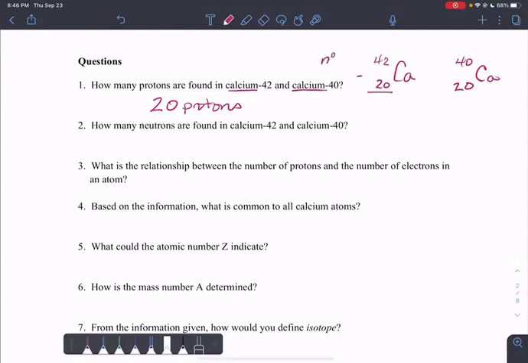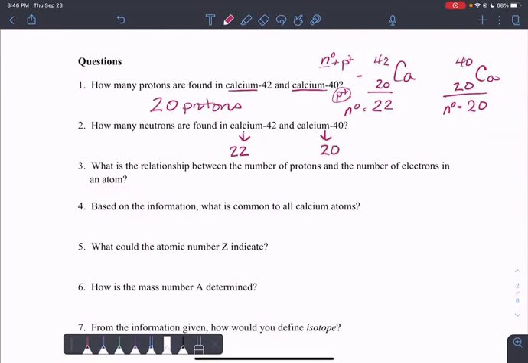Because this is number of neutrons plus number of protons, and this is just number of protons. So if we subtract out our number of protons, we're left with neutrons. So our neutrons are equal to, here, we're going to get 22, right? If we subtract here, our number of neutrons is equal to 20. So how many neutrons are in calcium 42? 22. How many in calcium 40?